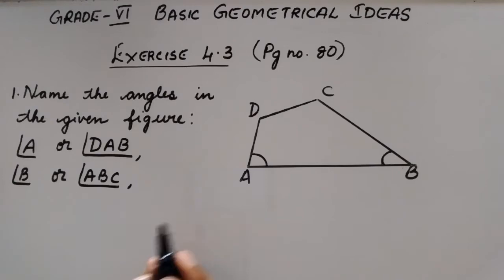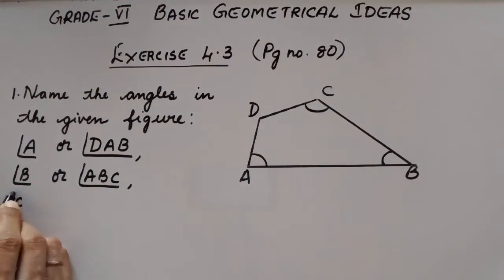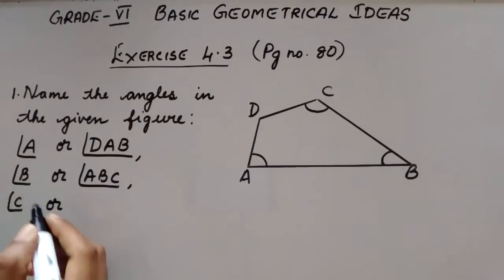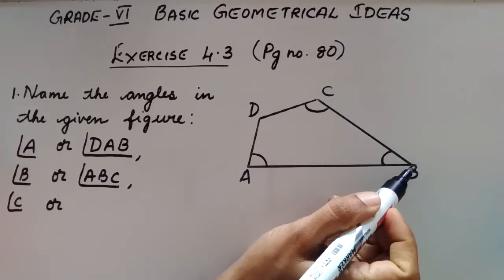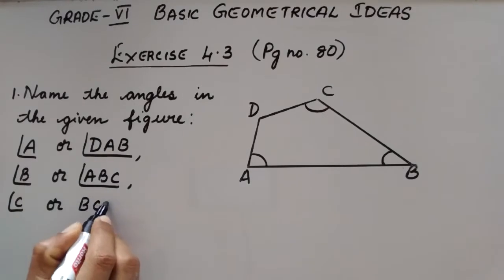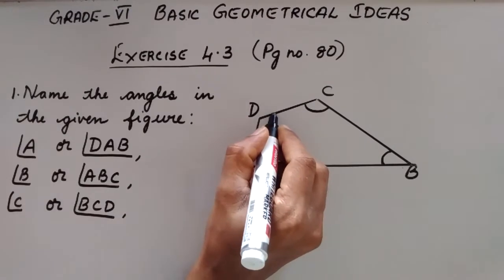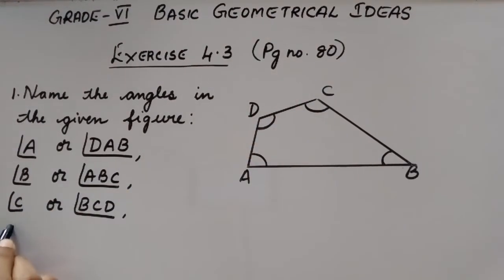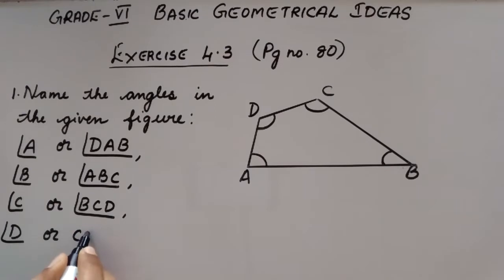Then the next angle is C. Angle C, or I can write angle BCD. And the last angle is angle D, or I can write angle CDA.